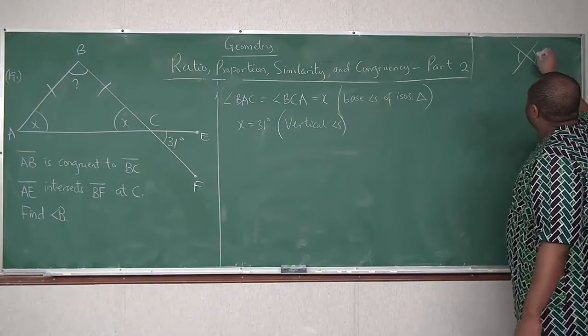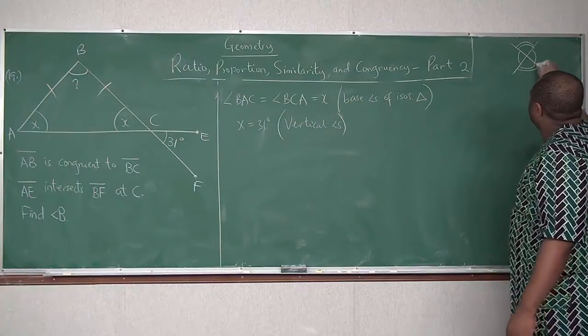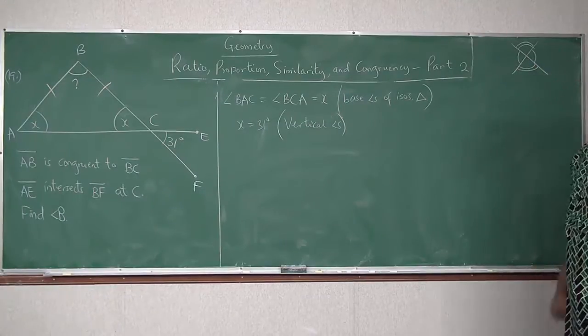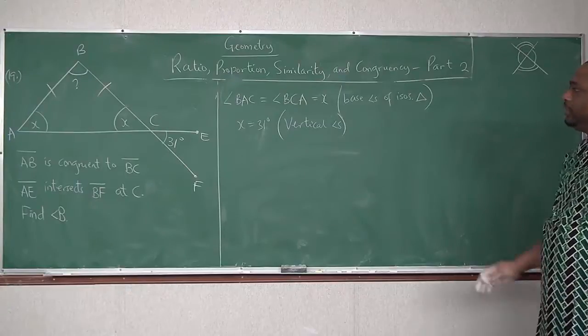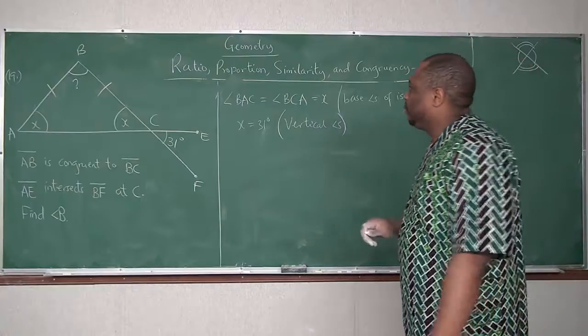This is equal to this. This here is equal to this. When you have two intersecting lines, they are vertical angles. So X is 31 degrees.